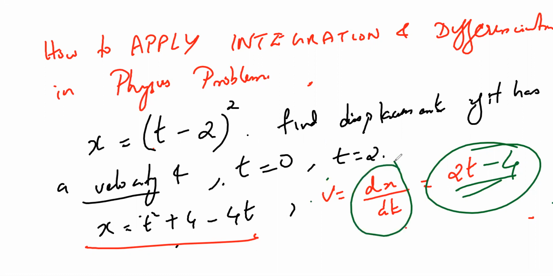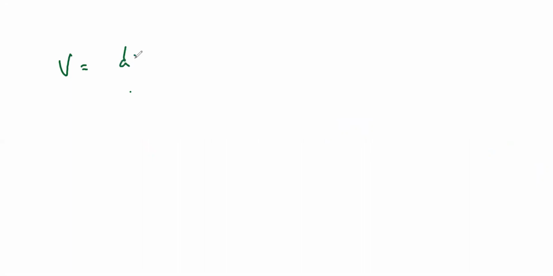Now, v is equal to dx by dt is equal to 2t minus 4. Correct? So in this, what I will do is cross multiply here.